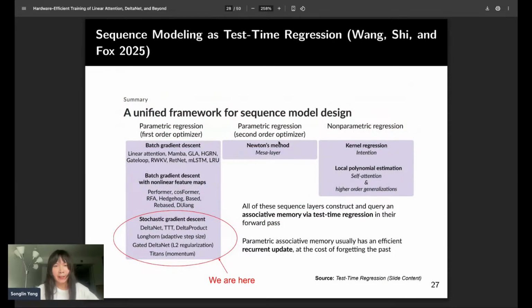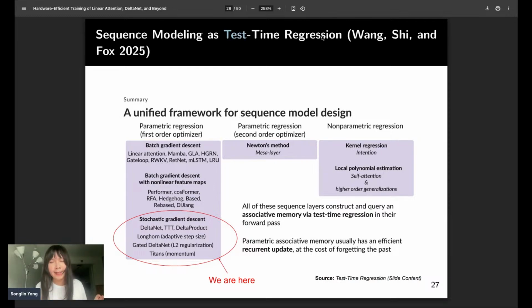Okay, now we know that DeltaNet has very strong in-context retrieval performance. Next, I'll connect DeltaNet to a very recent concept called test time training or test time regression. Here we have a very elegant framework called test time regression.